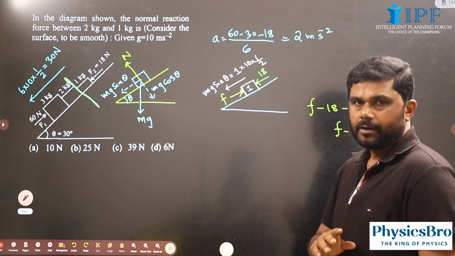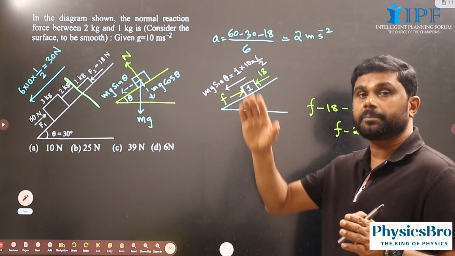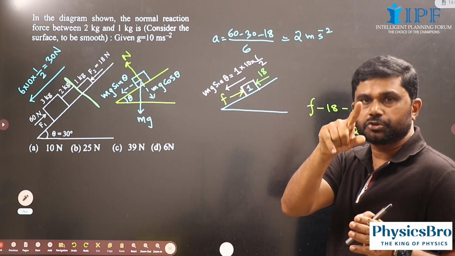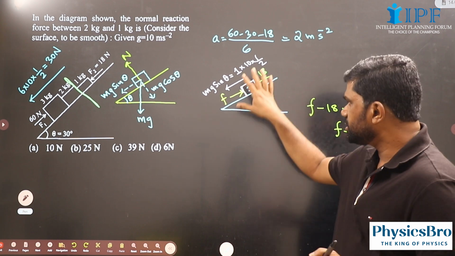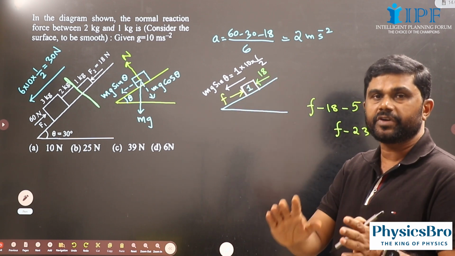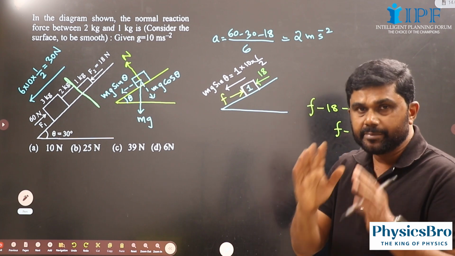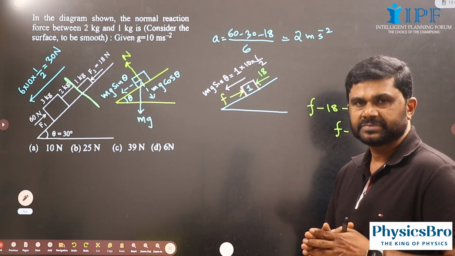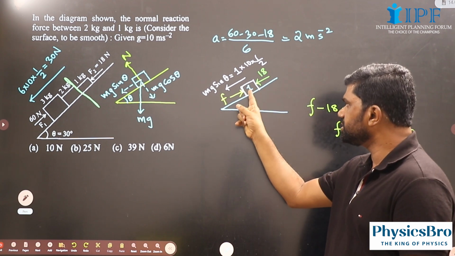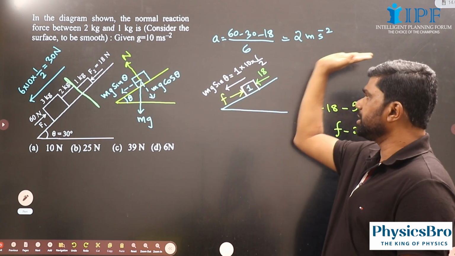All the bodies will be moving up the plane with an acceleration equal to 2 meter per second square. This 1 kilogram block also will be moving up the incline with the same acceleration, 2 meter per second square. So the resultant force on this 1 kilogram must be up the incline.